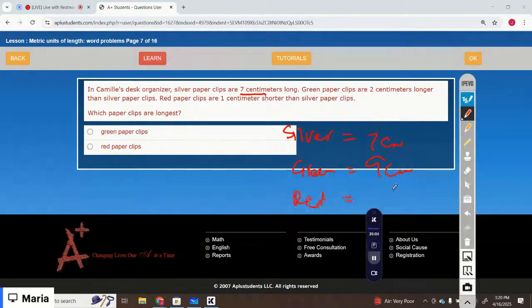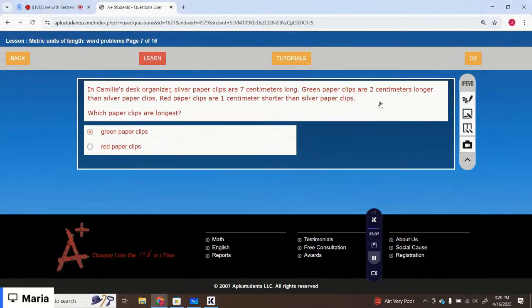Red paper clips are 1 centimeter shorter, so 7 minus 1 is 6. Which paper clips are longest? So which is the correct option? The longest ones are green. Option number one is the correct option.